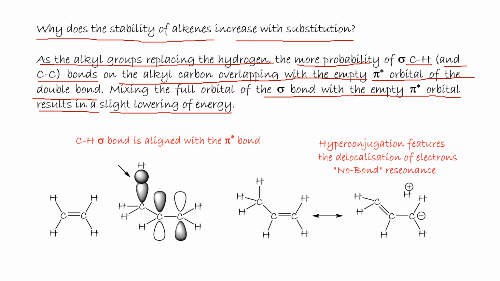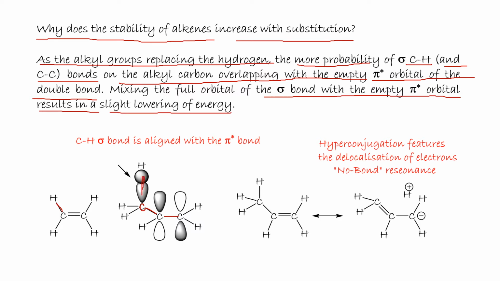So here is alkene with CH. In this case we have double bond in here, and we have carbon adjacent to the double bond with CH bond.